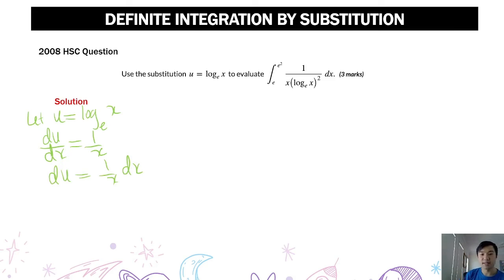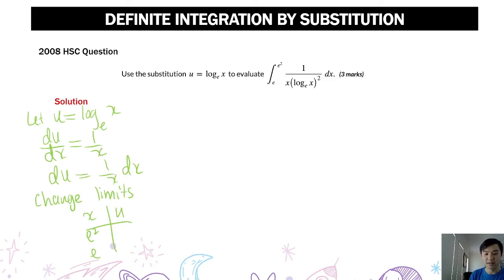And since this is a definite integral, I'm going to want to remember to change our limits. I'm going to draw up this little table. This is x, and this is u. Our original limits were, we're integrating from e to e squared.